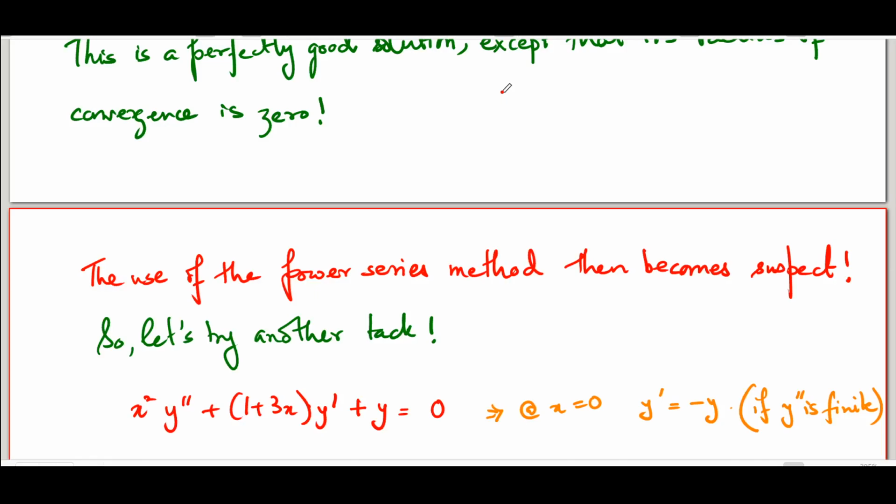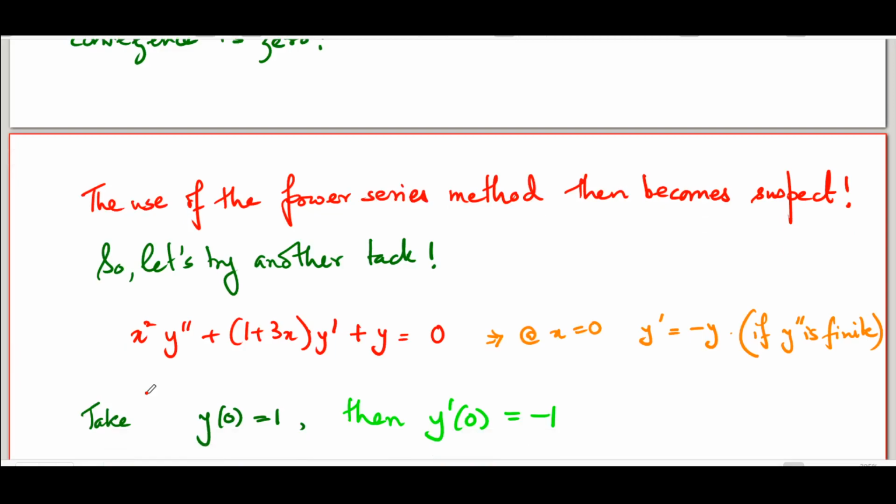But here, at x equal to 0, this equation is really not second order. This term has actually dropped out. And at x equal to 0, what you get is y prime into 1 plus y equals 0. Which means that at x equal to 0, the initial condition at the singular point is y prime equal to minus y. This is valid as long as y double prime stays finite, so that this term x squared y double prime vanishes.